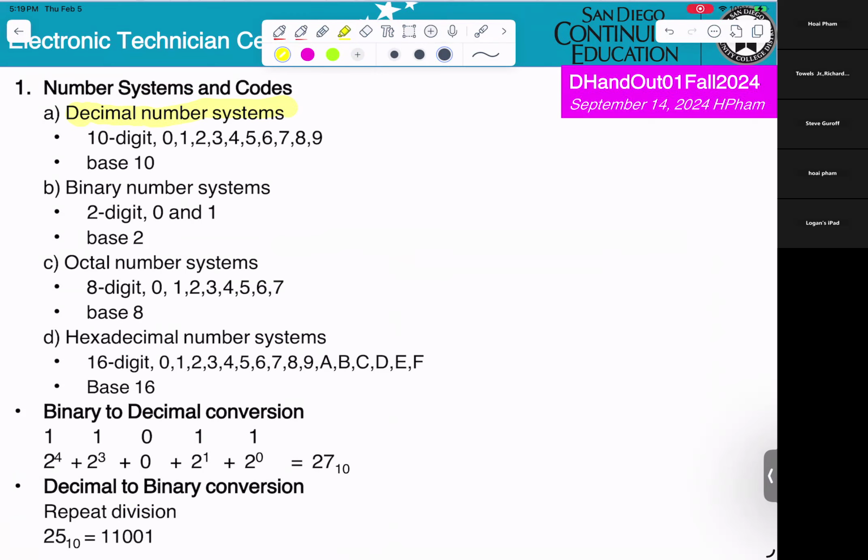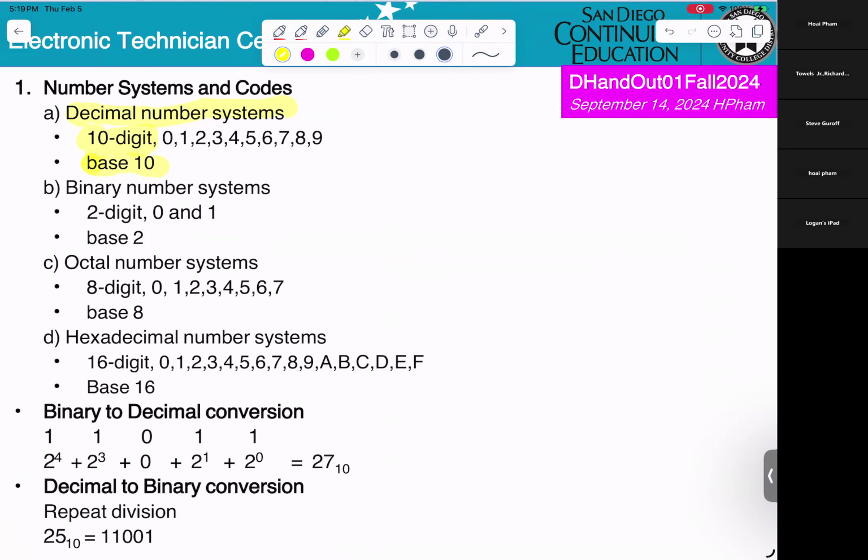But the computer doesn't know anything about decimal numbers. The decimal number has 10 digits. You already know, numbers 0, 1, 2, 3, up to 9. They call it base 10.